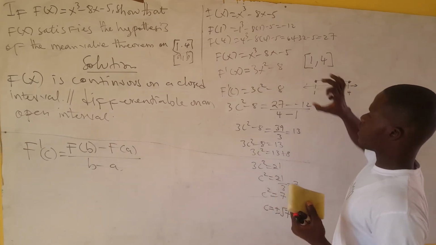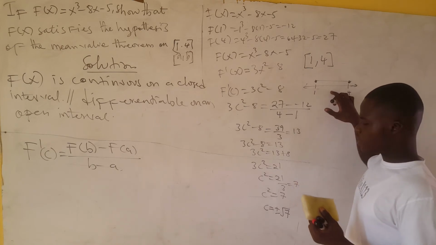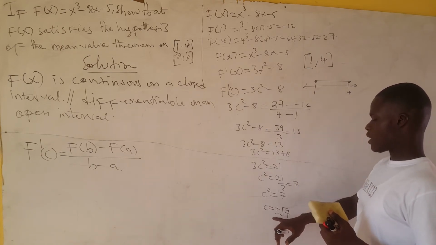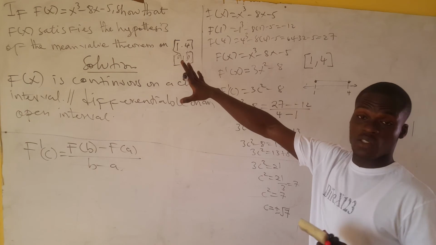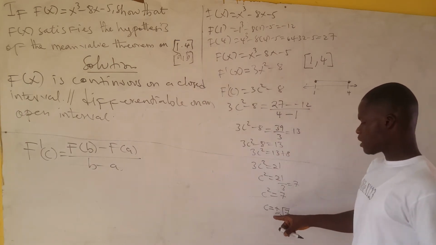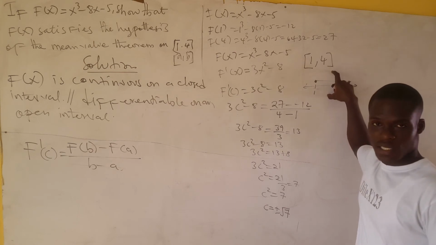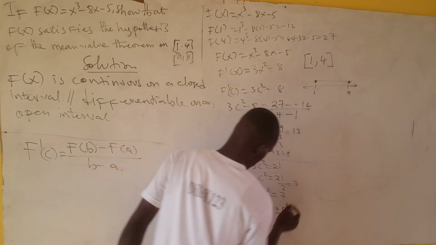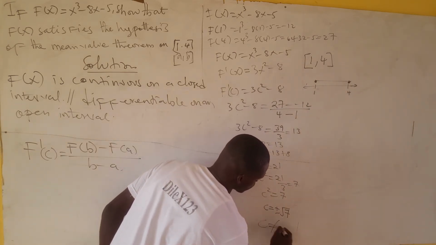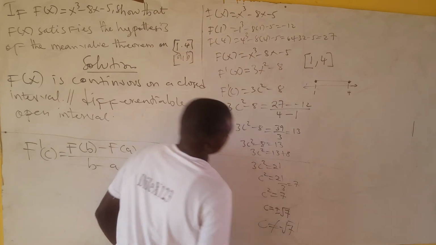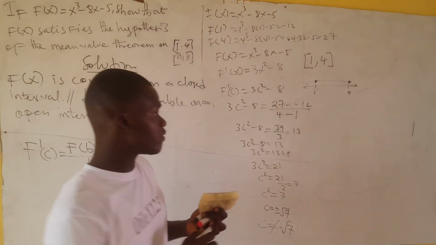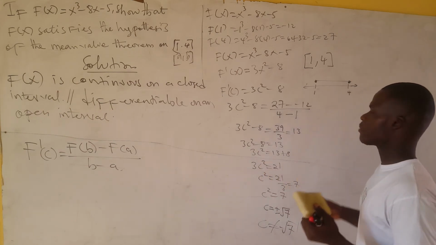So if c falls within this range, then it follows the hypothesis of the mean value theorem. But c can't be equal to a negative value, because this range doesn't have any negative answer. So we just write that c can be equal to negative root 7. But is c equal to positive root 7? Let's see something.